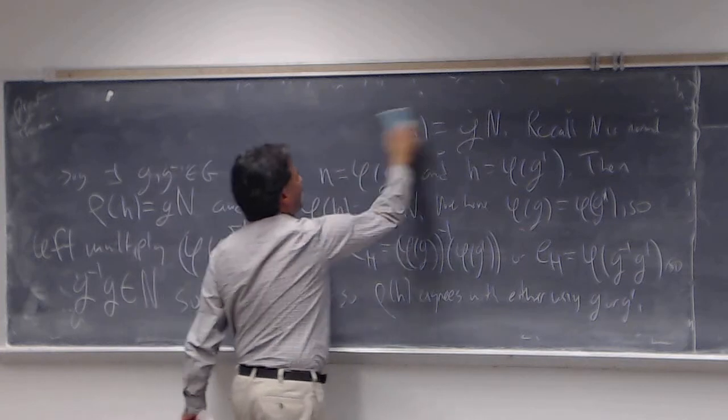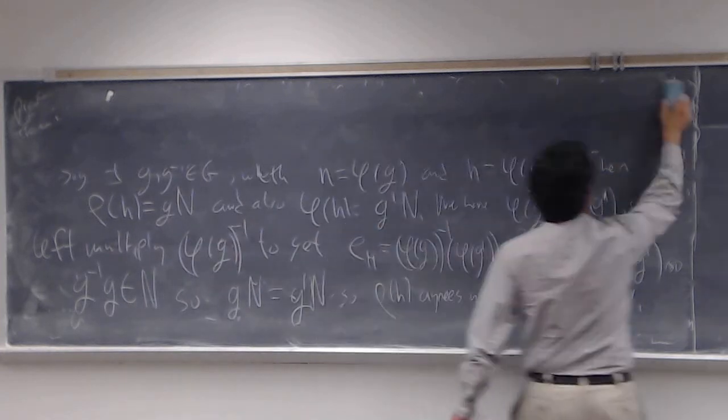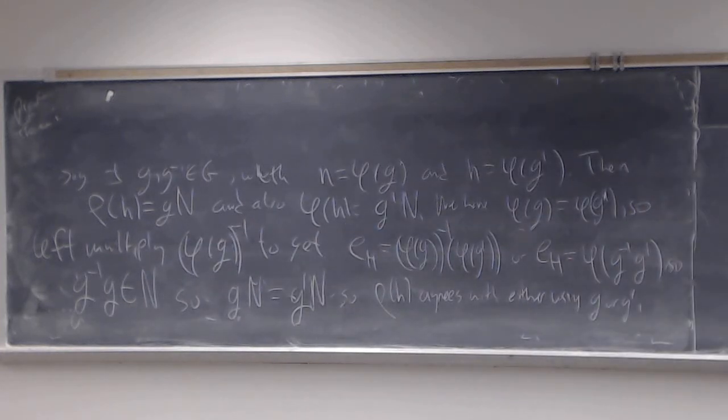And hopefully you see why I had to make this argument. Again, that's because I'm defining my map rho based on a choice of an element that phi sends to H. I have to show that my definition is independent of the element g. And that's what I just did.